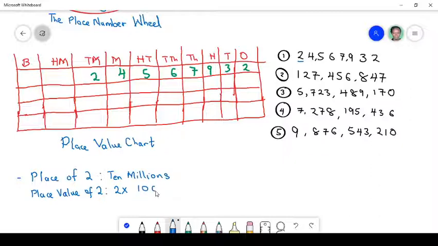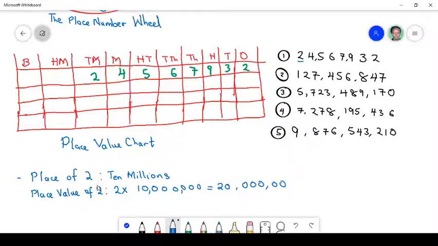So you pick the place you have, then all other digits go towards zeros. So you have 7 zeros, so that the place value of 2 here is going to be 2 times 10 million, which is 20 million. So you realize that the place value of 2 is 20 millions.